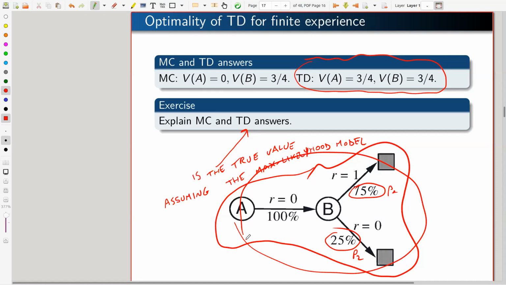You can give that answer, but at least in this case, there is a reason to make the statement that temporal difference is better. For example, then I quit because I don't want to waste your time. If you imagine that from A it starts an arrow that goes to the square with 100% probability and r equal to 0, then Monte Carlo and temporal difference are equal.